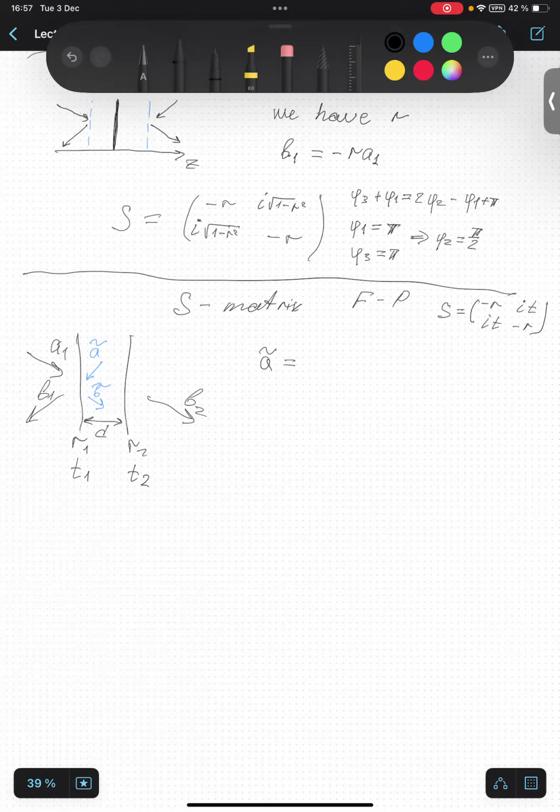So what do we have? First of all, the wave transmits. We have i T1 with amplitude A1. Then it goes through the thickness of the resonator, acquires phase i k_z d.